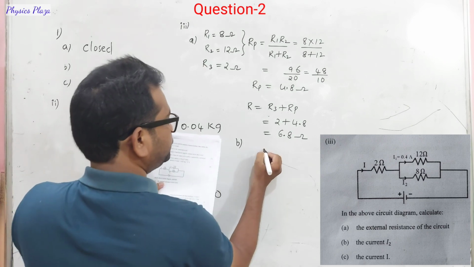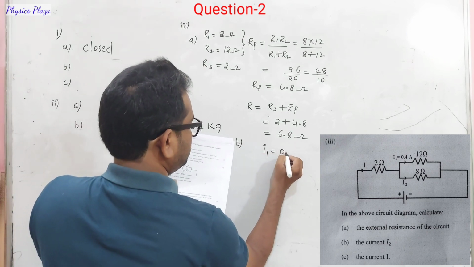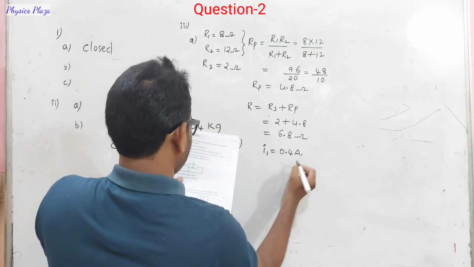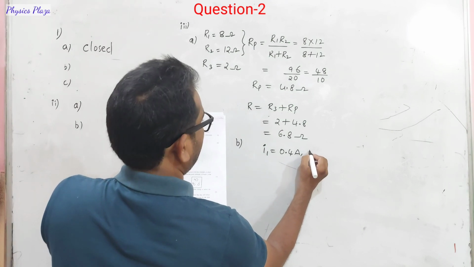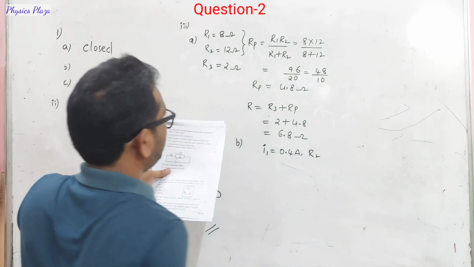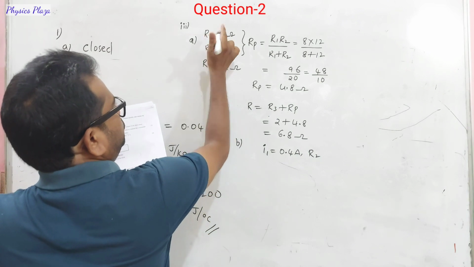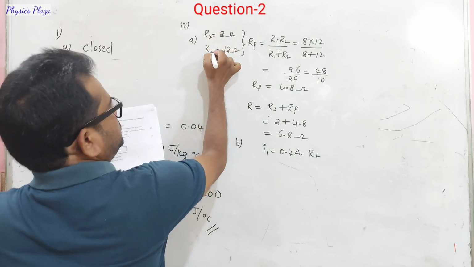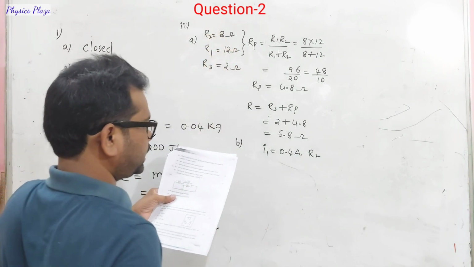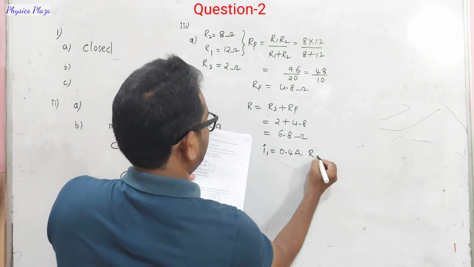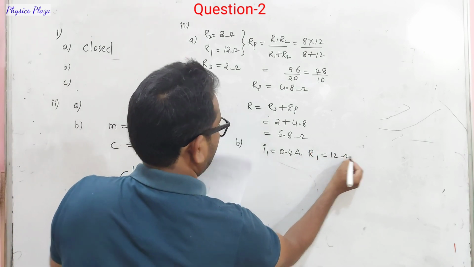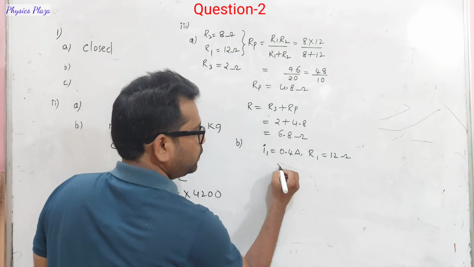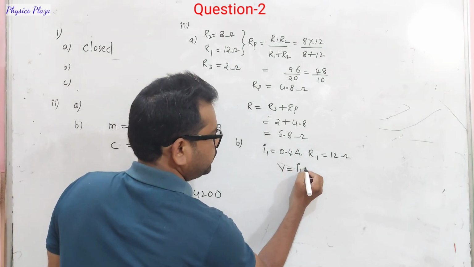Here it is given I1 is equal to 0.4 ampere, and let us say R2. You can take it as R2 or R1, nothing is wrong, so that we don't have any confusion. Here R1 is equal to 12 ohm. According to Ohm's law, V is equal to IR, that is I1 into R1.